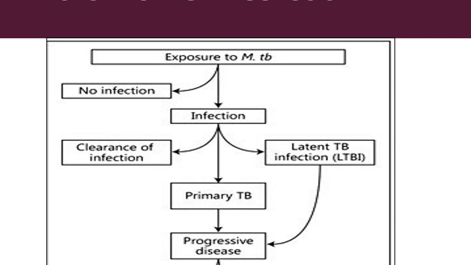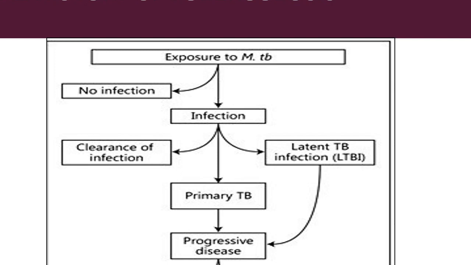Now, if he gets infected, the infection may clear on its own, or the bacteria can get walled off in the body and remain dormant for years. That is the stage we call latent tuberculosis. And at this stage, IGRA and tuberculin tests are positive.